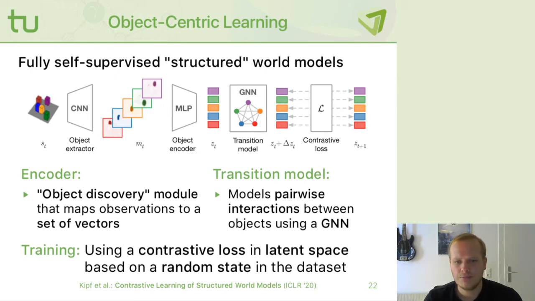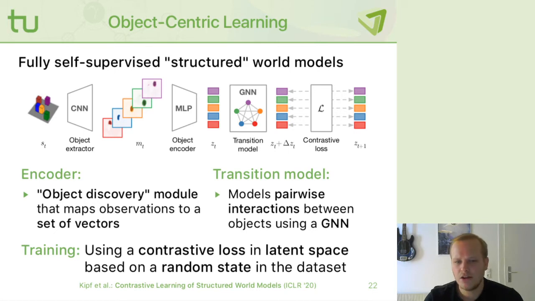And this feature map is further compressed by an object encoder, which maps each feature map into a low-dimensional vector C_t, resulting in a set of vectors describing objects. And the transition model can now learn to model the pairwise interaction between objects using a graph neural network on the fully connected graph. And this graph neural network derives a prediction for the next time step.